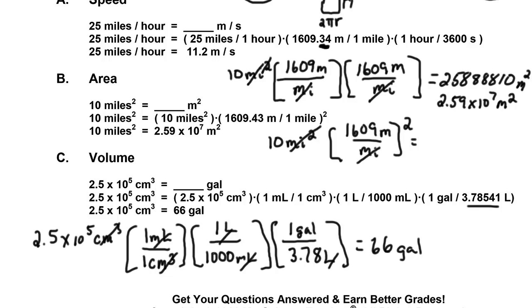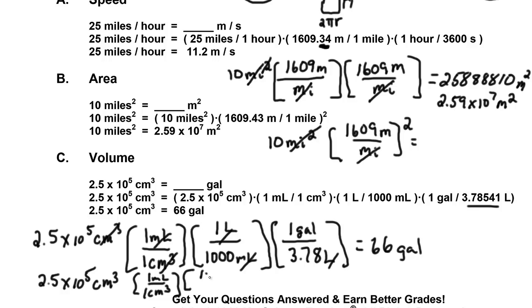Now, there's another way that we could write this conversion factor. I just want to throw that out there. 2.5 times 10 to the 5th cubic centimeters, 1 cubic centimeter in 1 milliliter. Now, you saw how I wrote 1 liter per 1,000 milliliters. There's 1,000 of these small things and one big thing.